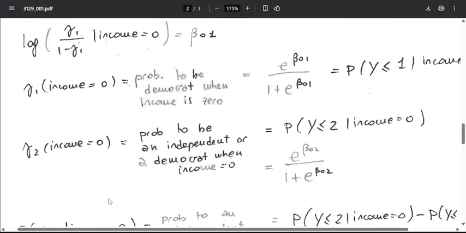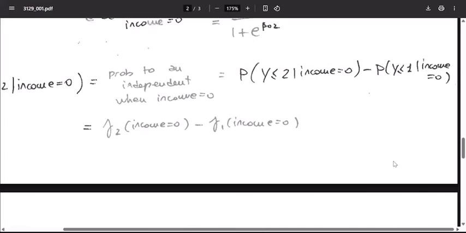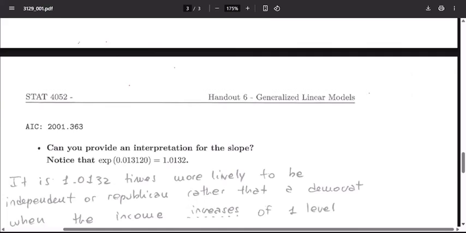But when income equals 0, to be an independent or a Democrat means the probability of Y less or equal to 2 given income equal to 0. If you take a look at what I have here, it's going to be that. And by the time you keep moving, mathematically, that is going to be that.